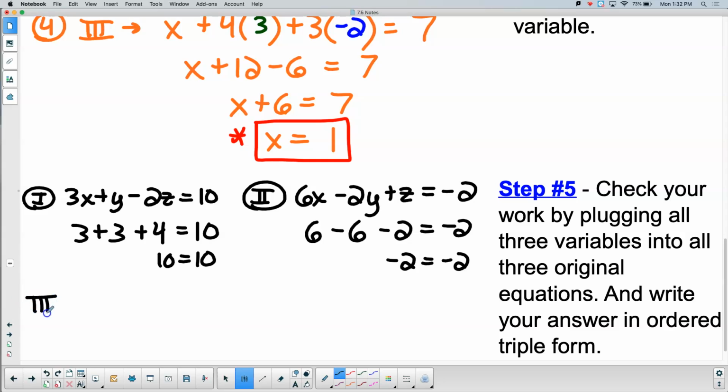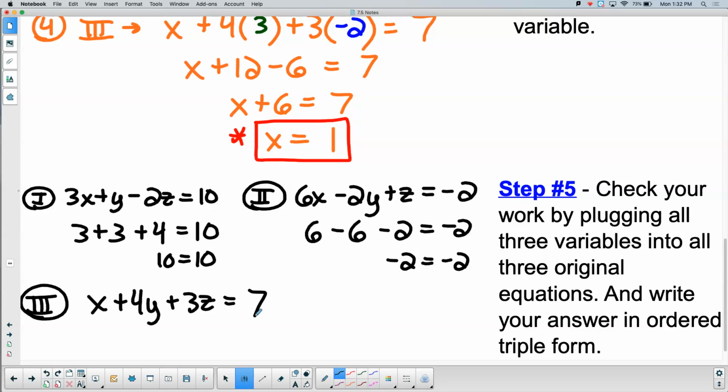A lot of work. Don't want it to all of a sudden make one little mistake. Third equation was x plus 4y plus 3z has to equal 7.